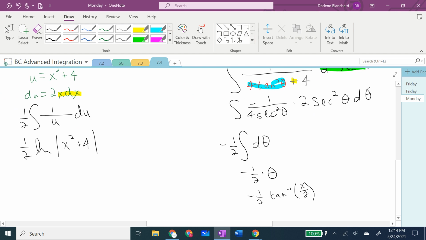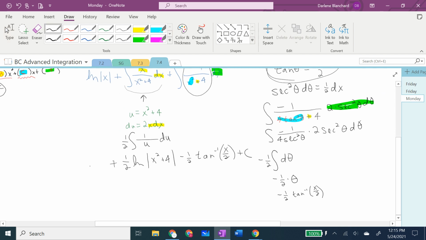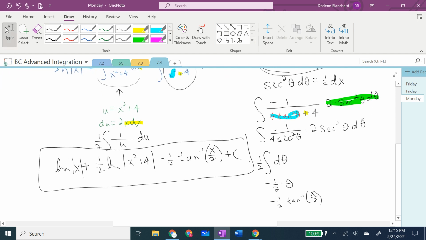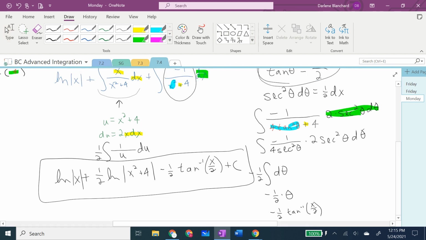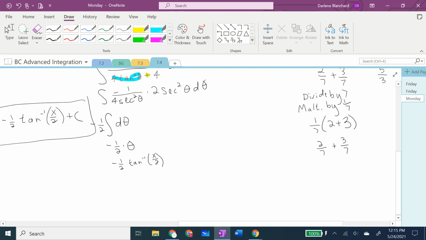I'm going to bring it back over here, and drop down that previous one, and we are done. Now this should look familiar. I now want to point out to you that the integral of 1 over x squared plus 4, I'm going to pull it to the side.